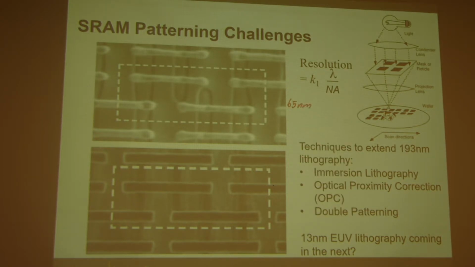This is the image under the microscope from the top view to look at the cell layout. So I hope you can still correlate this image to the previous layout and the circuit schematic. It's the same as before. So this is the gate, and this is a PMOS. This is a pull up, this is a pull down, and this is a pass gate. If you still remember, this is pull down, this is a pass gate. Okay.